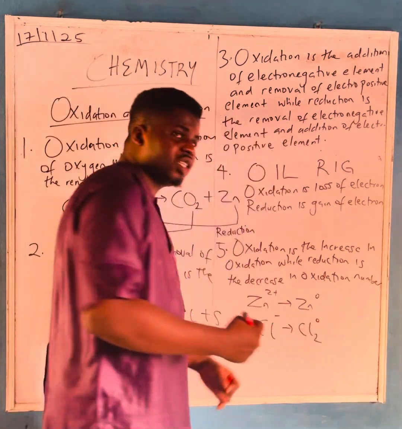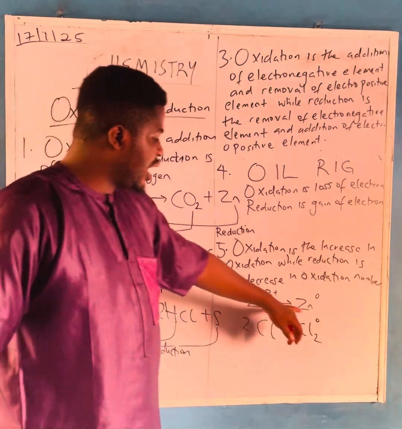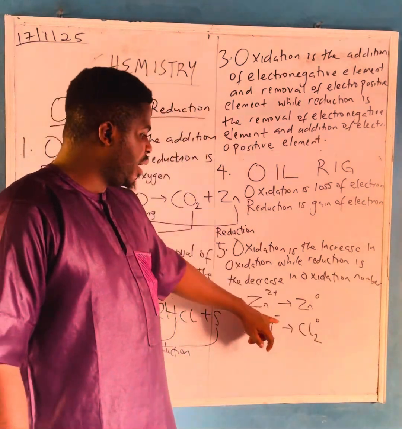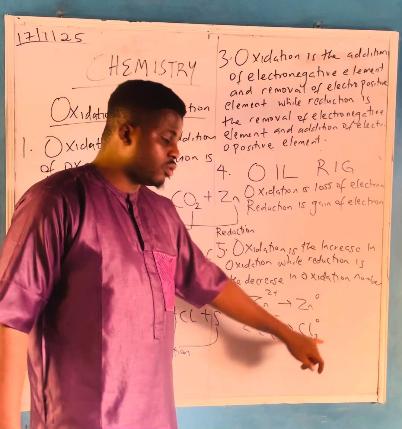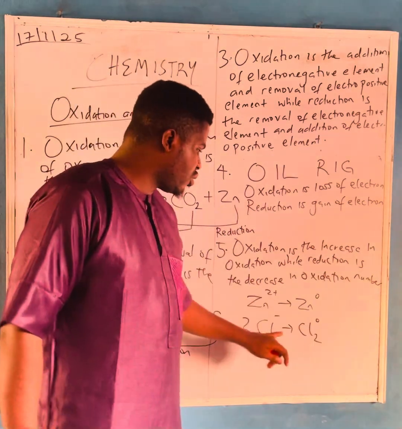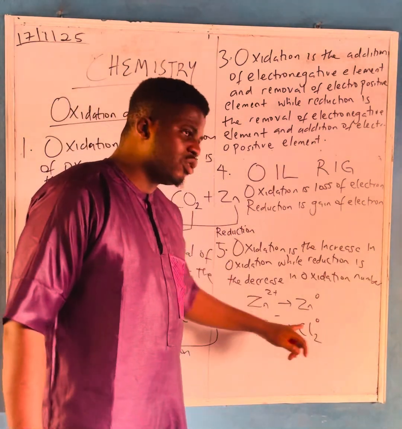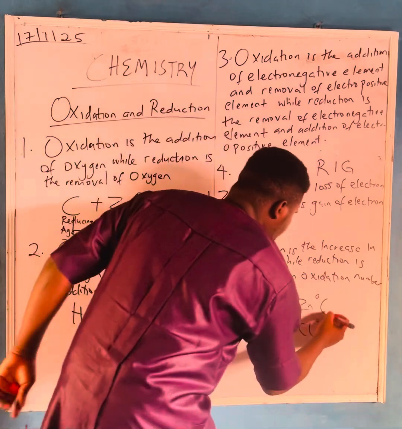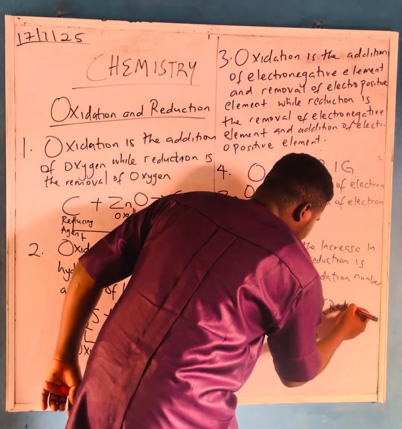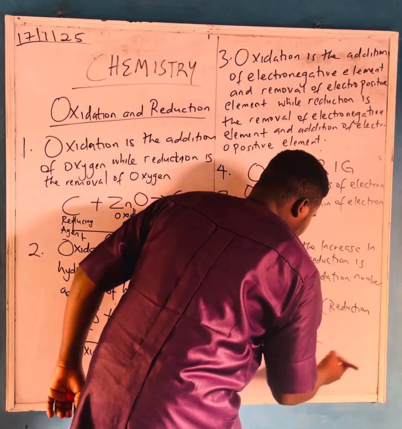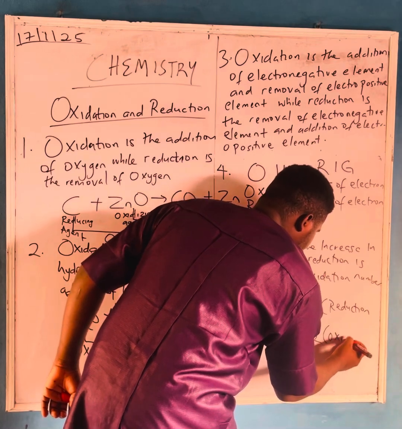If you don't see any oxidation number there, it means that the charge on it is 0. So from minus to 0, oxidation is occurring here, increase in oxidation number. So this is reduction, and this is oxidation.